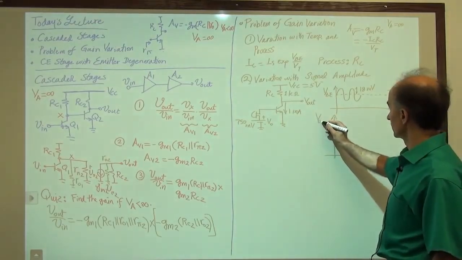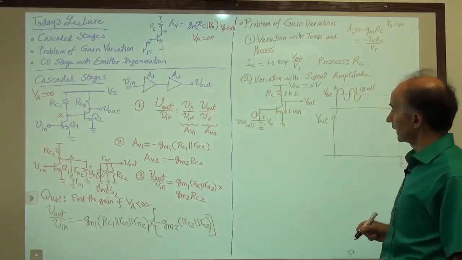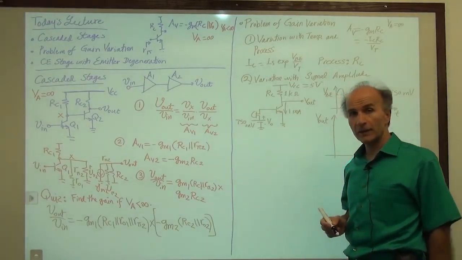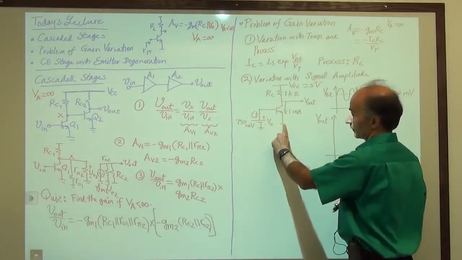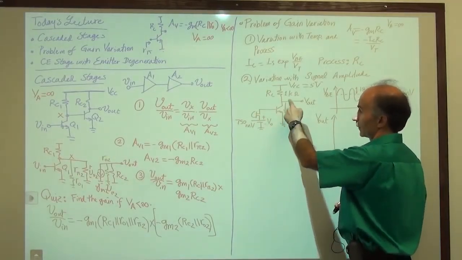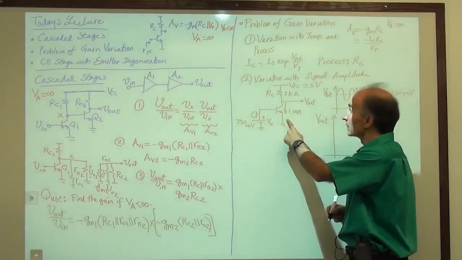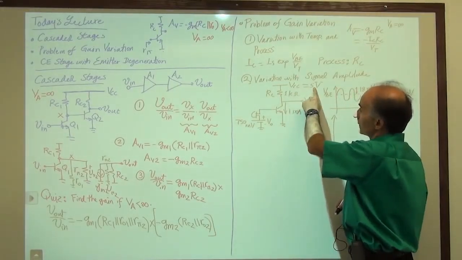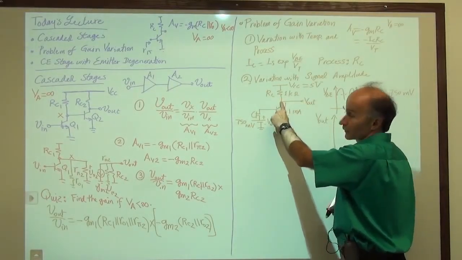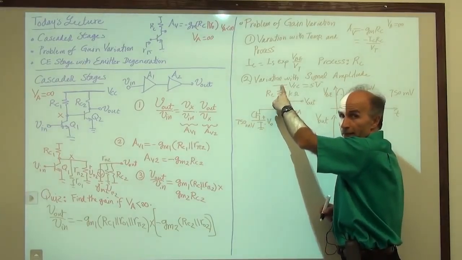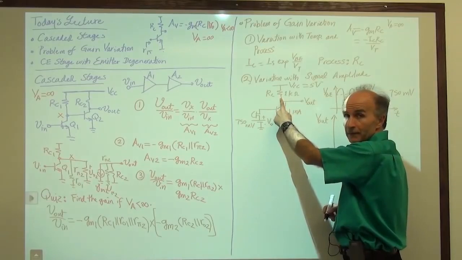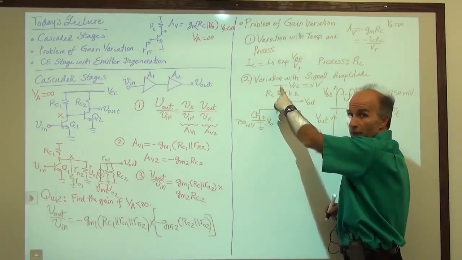So for the output, in the absence of a signal, how much DC level do we have? So there's no signal here. We have 750 millivolts from base to emitter. We have 1 milliamp of current in the collector. VCC is 5 volts. If you remember, the DC voltage at the collector is equal to VCC minus RCIC.